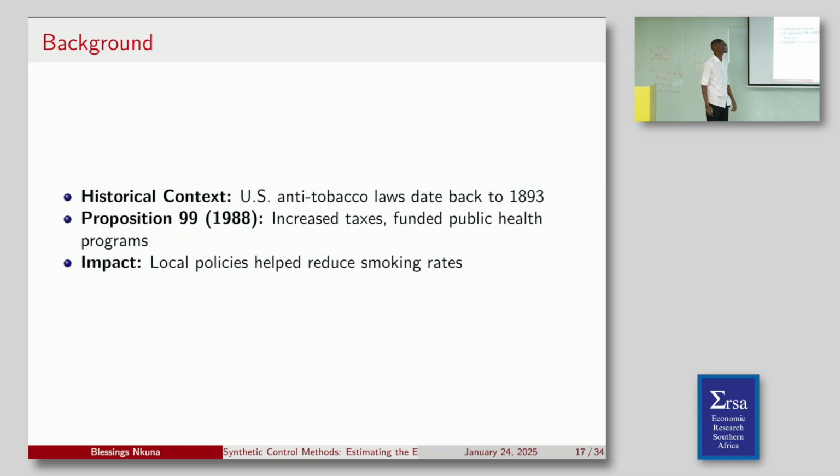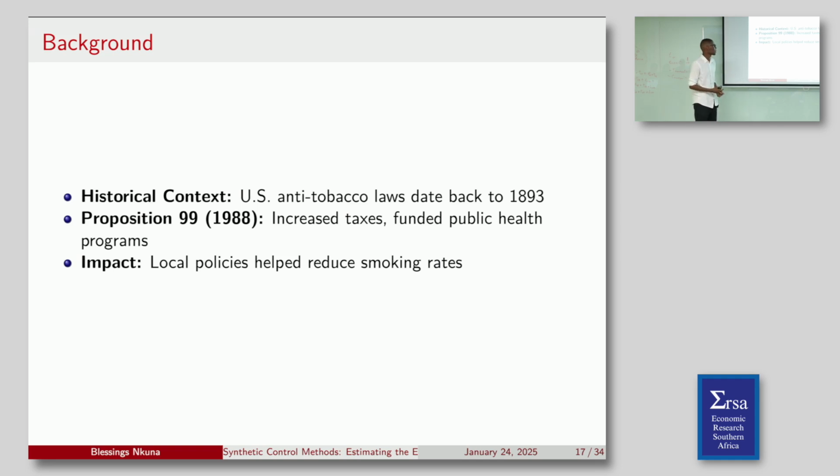So the historical context: the US implemented anti-tobacco laws in 1893, but Proposition 99 only came in 1988. The whole idea is that it increased taxes to fund public health programs. It's a very good program because it taxes things that are bad for health to give back and improve the health of society.